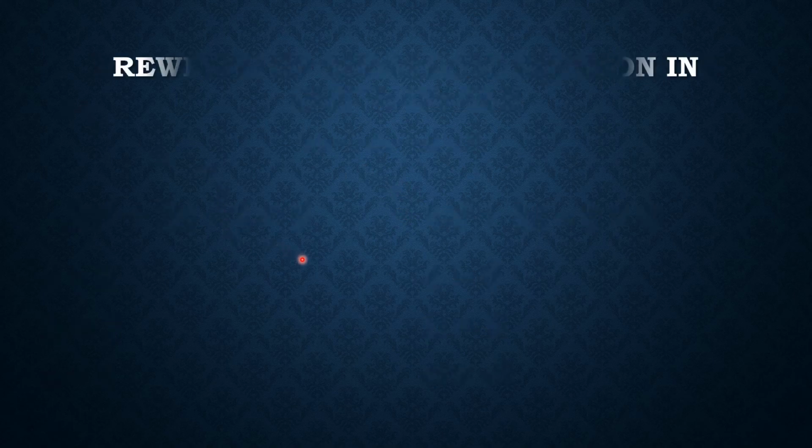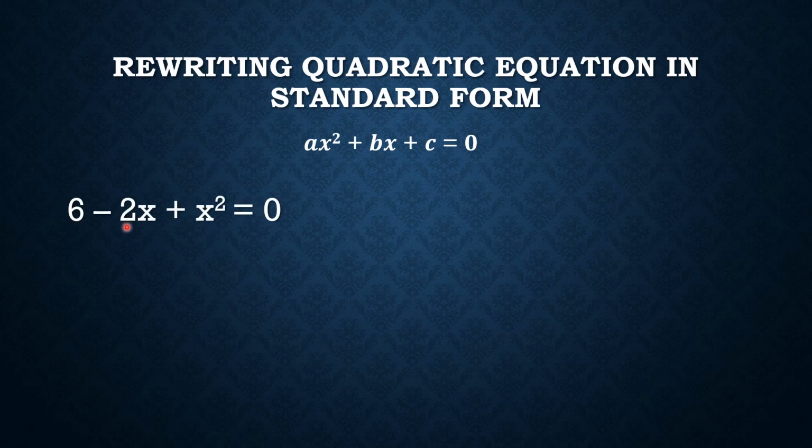Let's take a look at this example. 6 minus 2x plus x squared is equal to 0. In this case, this is not written in standard form. So, convert natin siya into standard by simply writing the quadratic term first. Take note that the commutative property is very important to this example. So, si x squared, yung quadratic term, lagyan natin sa unahan.